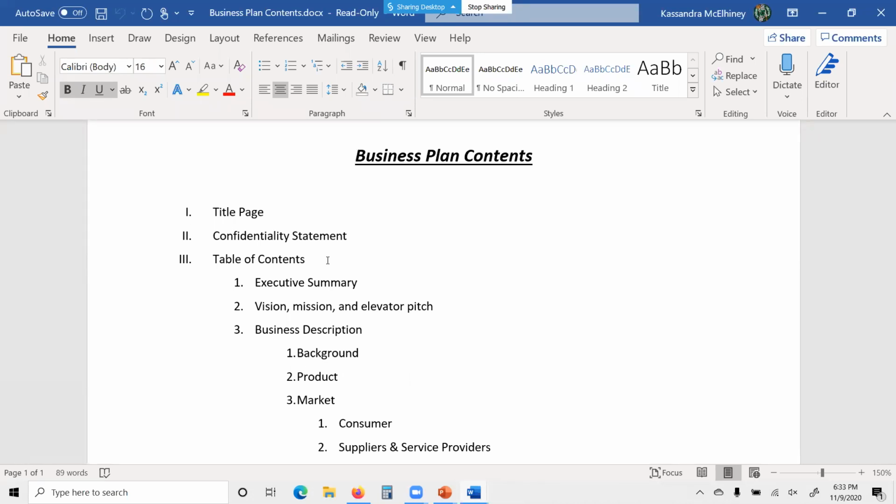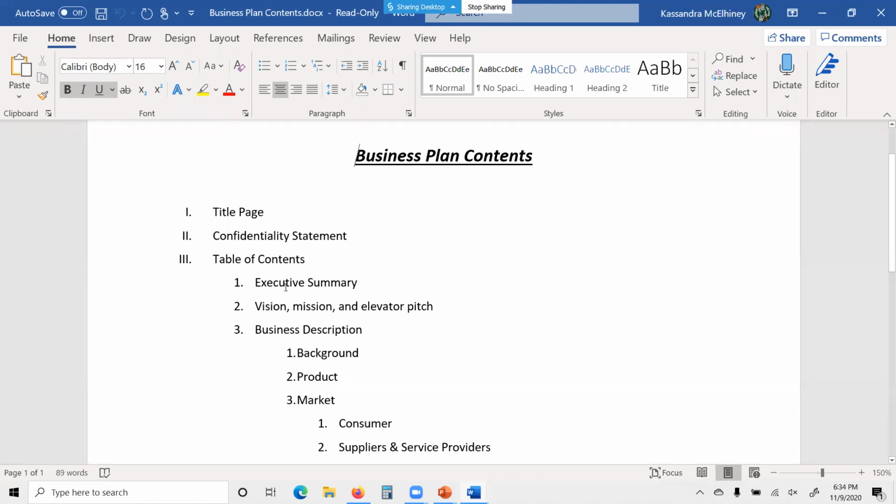Then a little description of the business in terms of its background, the type of product or service it's trying to sell, and the market the business is trying to sell that product or service to.